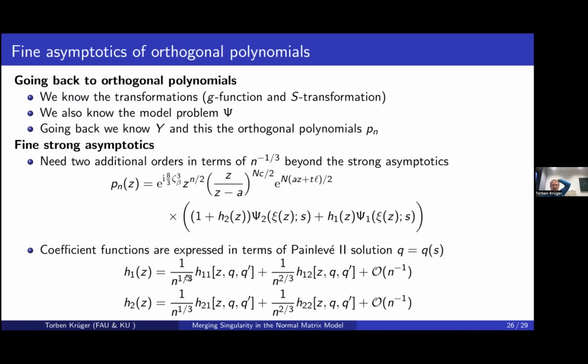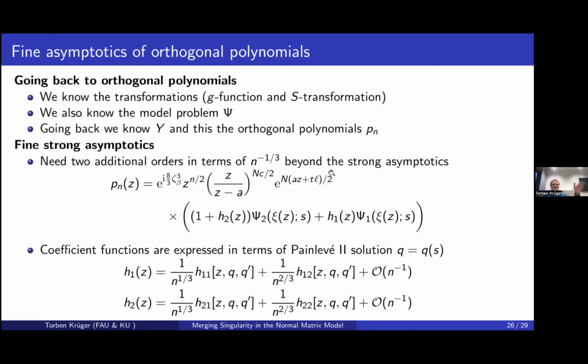And these coefficients have to be determined to the order 1 over n to the 1/3, 1 over n to the 2/3, and then some error term with some coefficients that explicitly depend on this function q, some solution to the ODE that I talked about earlier.